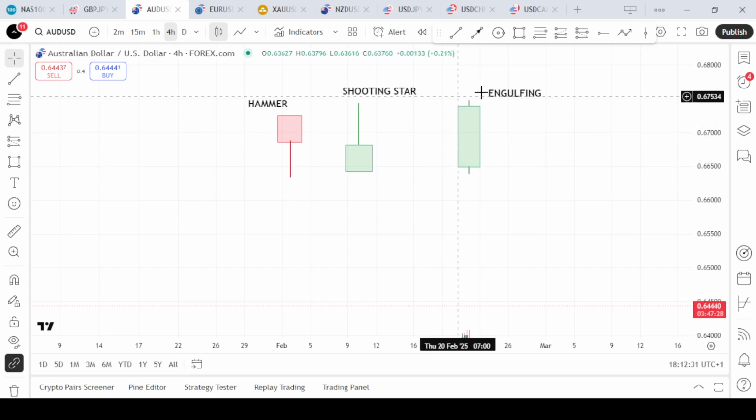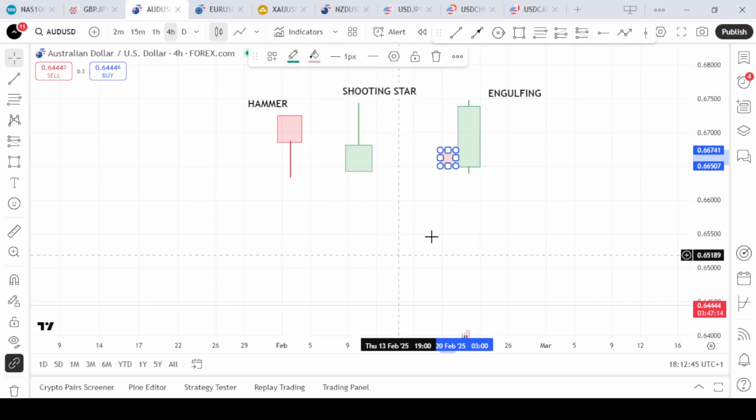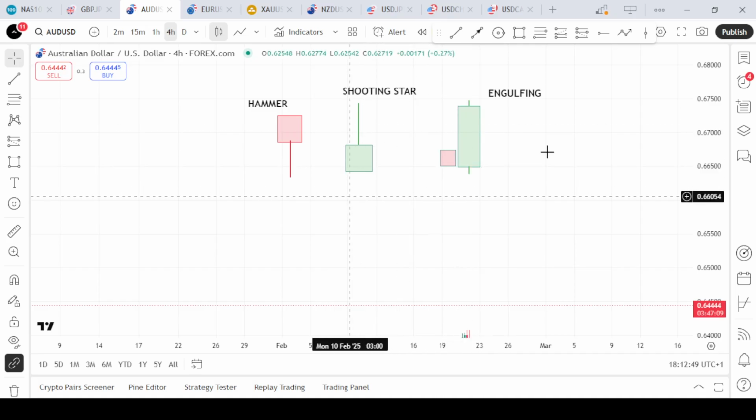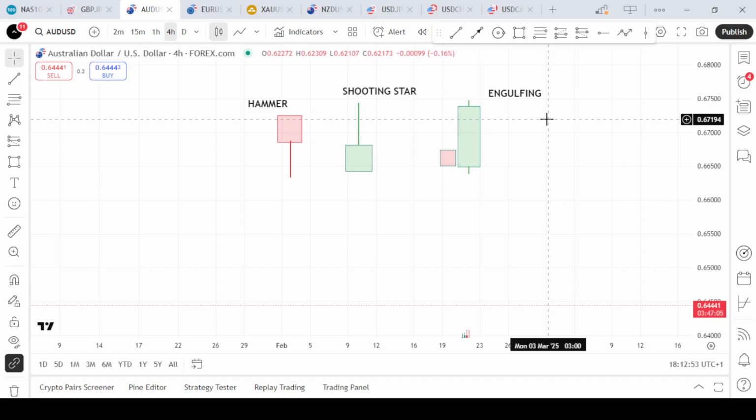The bullish candle has to cover the bearish candle. It has to fully engulf that small bearish candle to show that yes, this is an engulfing candle. This pattern suggests that buyers are gaining control over a period of selling pressure.